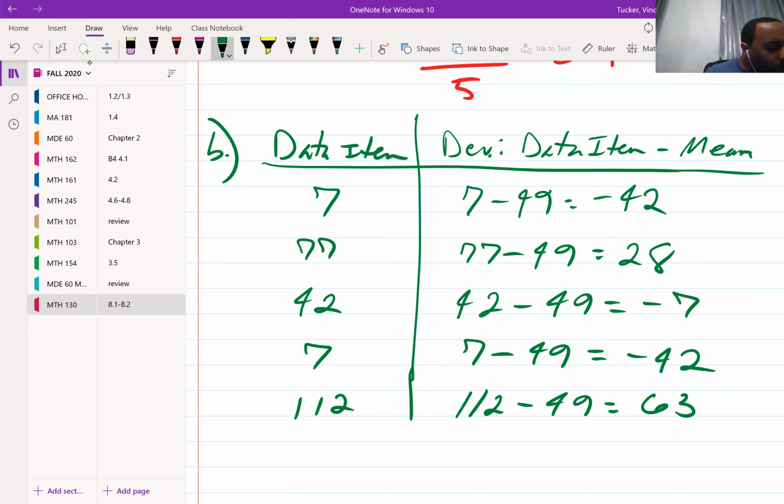All right, so negative 42, 28, negative 7, 42. All right, so that's the deviation from the mean. Problems with B.